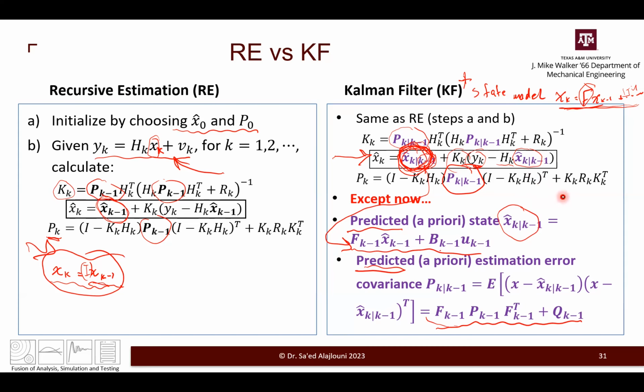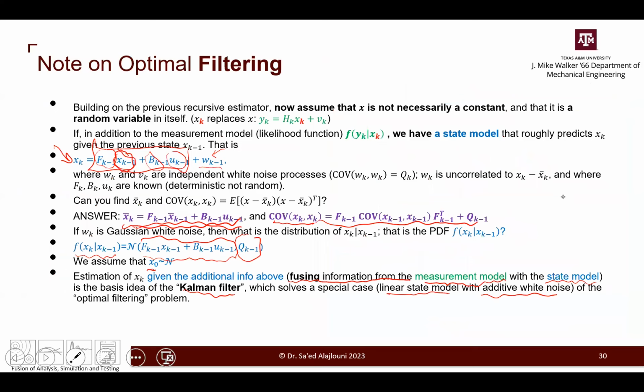Okay, so let's think about the parameters of this problem. Maybe if we go to the previous slide, it'd be easier. We have a measurement model, this is the guy, and we have a state model. What do we know about the noise, the disturbance here and the disturbance here?